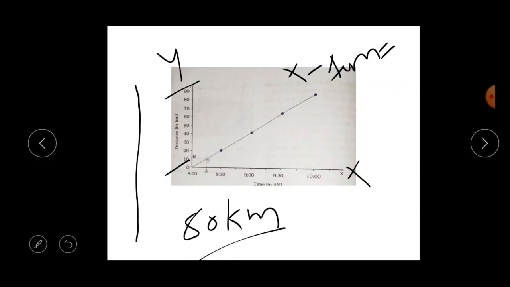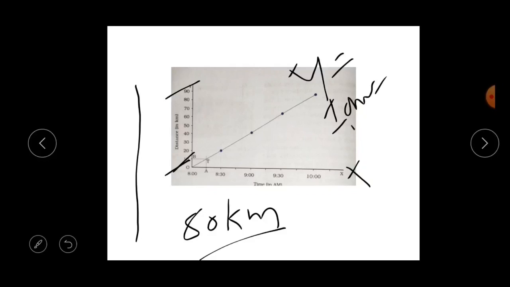Next, on the y axis you can take 1 centimeter is equal to 10 kilometers. Then it is possible to take the 80 kilometer distance on the graph sheet.